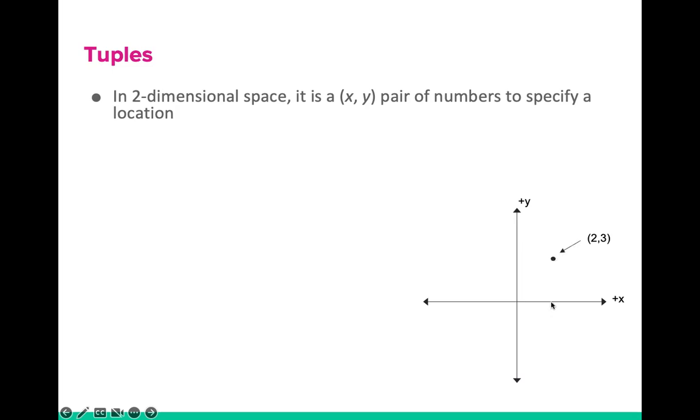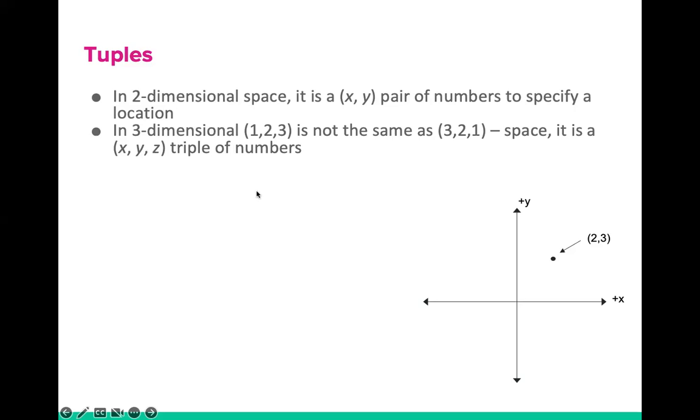So this refers to the X and the Y. So we have, assuming it is 2 and 3. So in a two-dimensional space, it is an XY pair of numbers to specify a location.